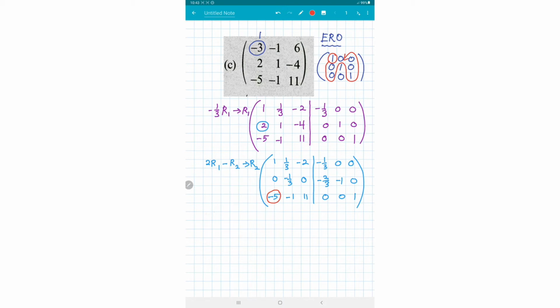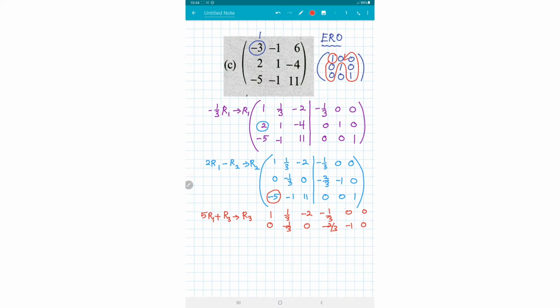We can multiply the first row by 5, so 5 R1, and then add it to the third row to become the new elements for the third row.